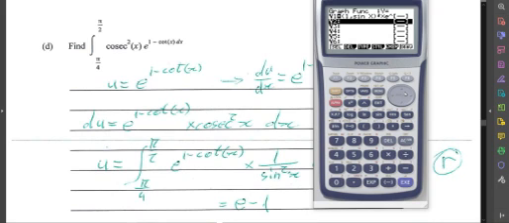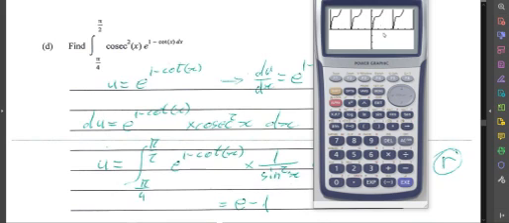So I've got 1 over sine of x squared times e to the power of, all right.